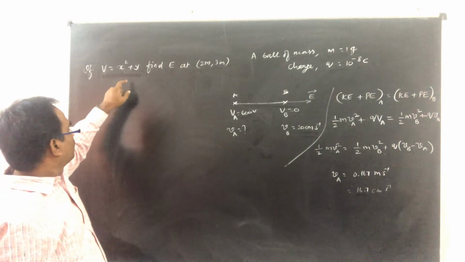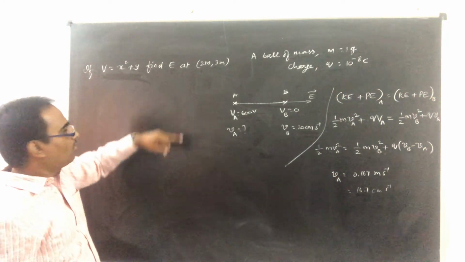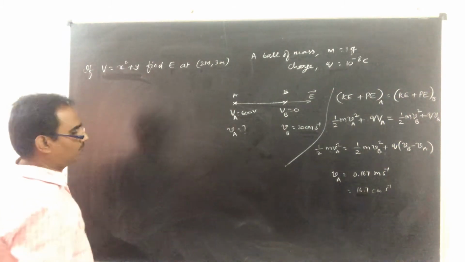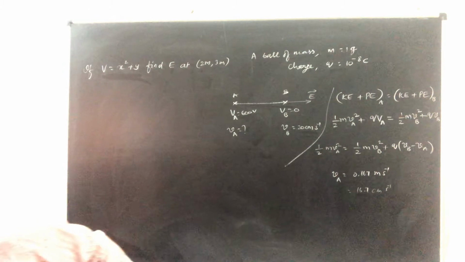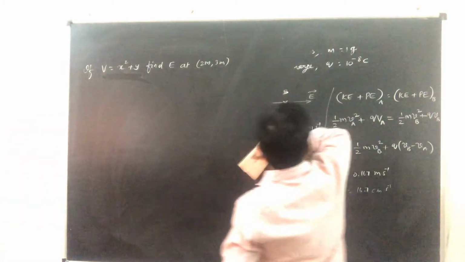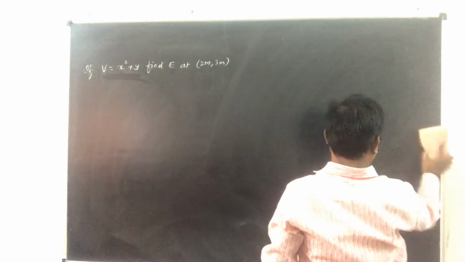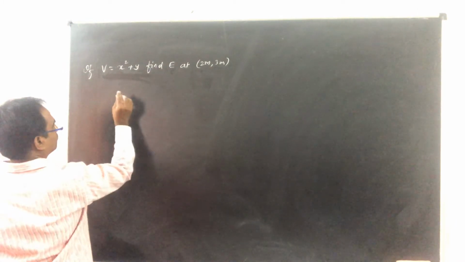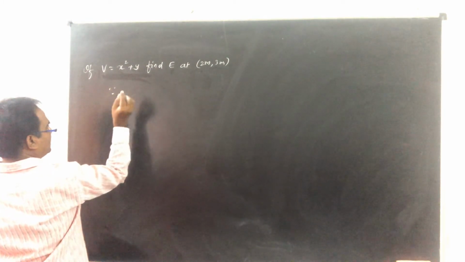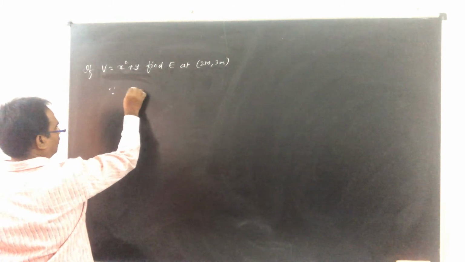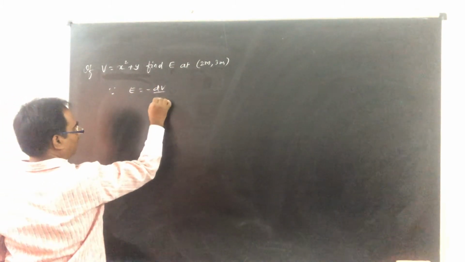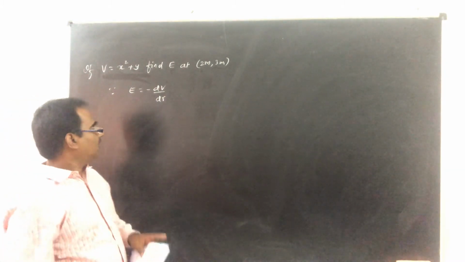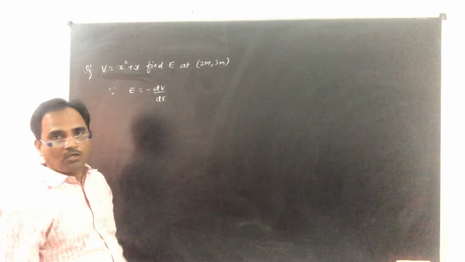See, when you are asked to find E by giving V, obviously you need to use the relation E is equal to minus dV by dr. Since E is equal to minus dV by dr, electric field is the negative gradient of electric potential.